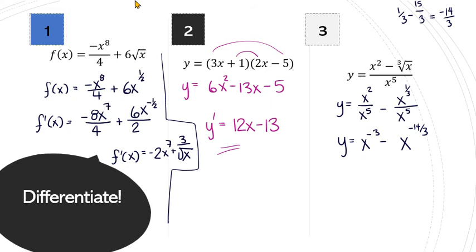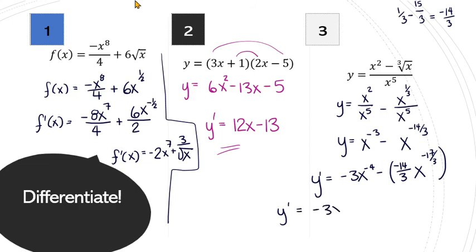Okay, so let's differentiate. Pull the negative 3 in front and drop it down a degree. Negative 3 minus 1 is negative 4. Don't mess up your negatives. And for this one, I'm going to leave some brackets because we're going to pull negative 14 over 3 in front. And then we have x to the power of negative 14 over 3 minus 1, which is minus 3 over 3. So we get negative 17 over 3. Cleaning up a bit.